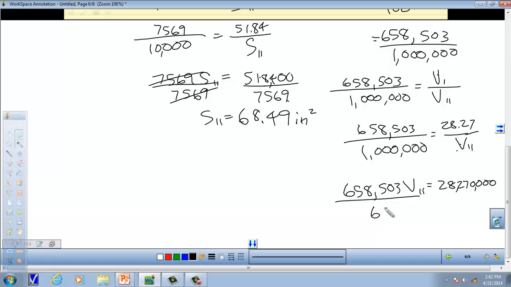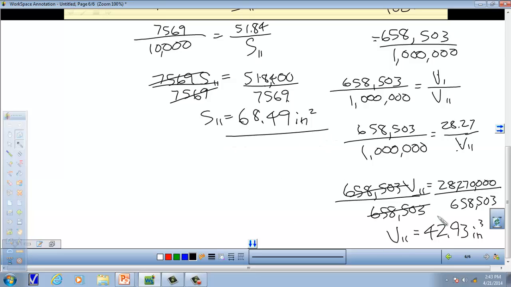We're going to divide both sides by 658,503. So those cancel and those cancel. We're left with the volume for number 2. I'm going to go ahead and punch this in. And we get approximately 42.93 cubic inches. So there's our answer, 68.49, 42.93.